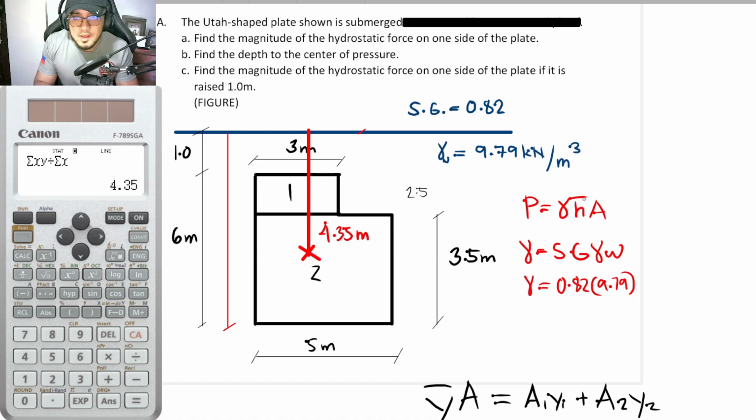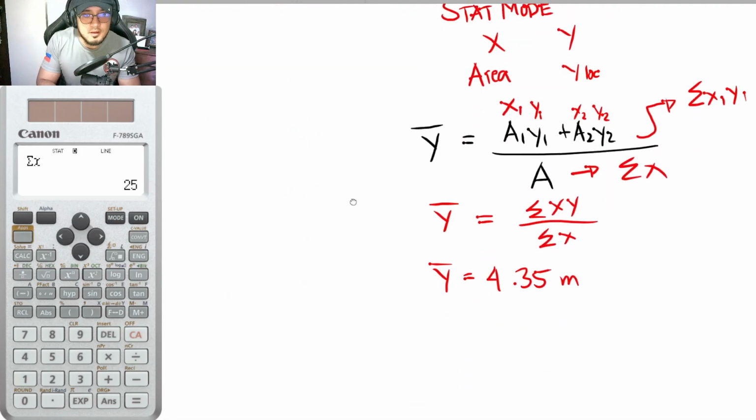Okay, so with that, we already have the value for bar H, which is 4.35. And what about for the area? For the area, that is the summation of X, as mentioned earlier. So the total area is now equal to 25 square meters. Okay, so for A, we can now solve for it directly.